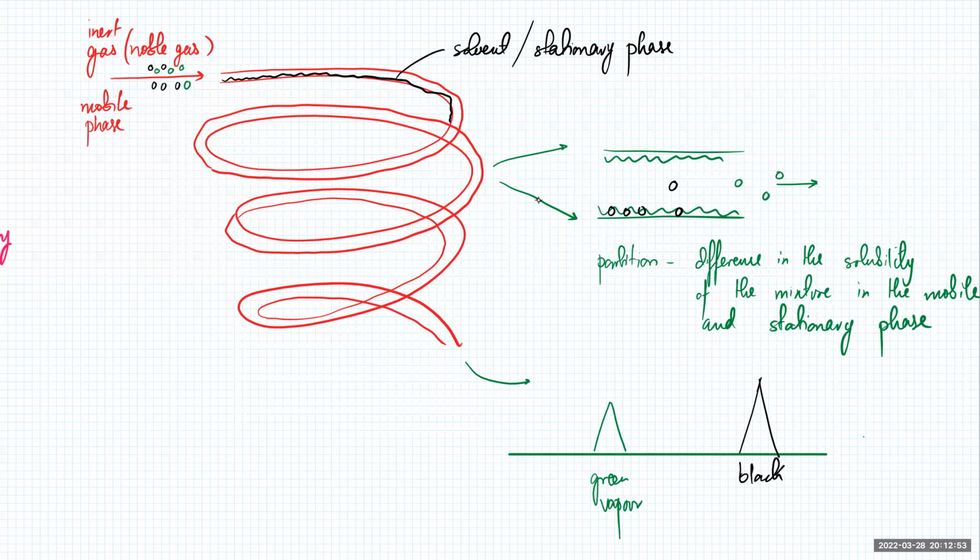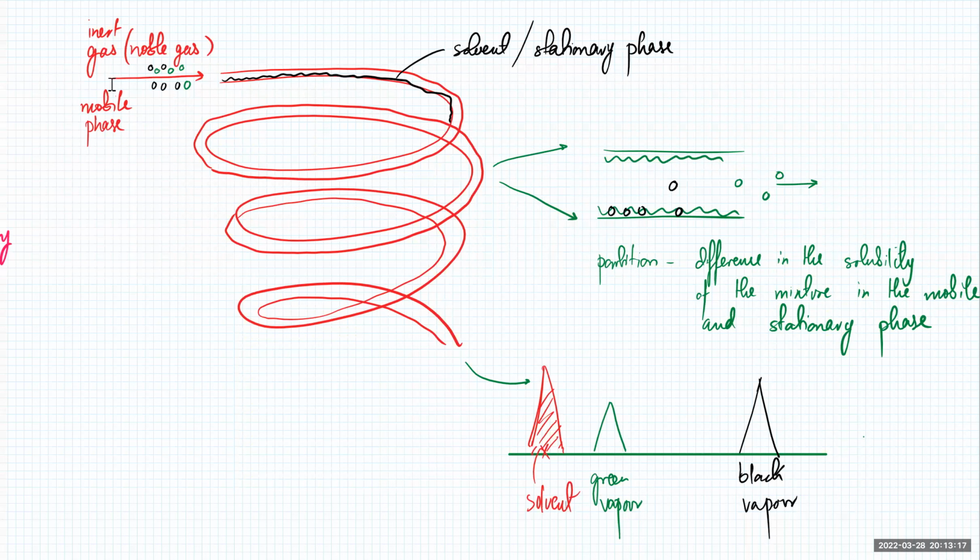So the black dye or its vapor would be obtained much later. And right at the beginning, the first thing that you're going to get initially is the solvent. The very first thing that you're going to get is the stationary phase. Why? Because some of the solvent would be leaking out of the tube.